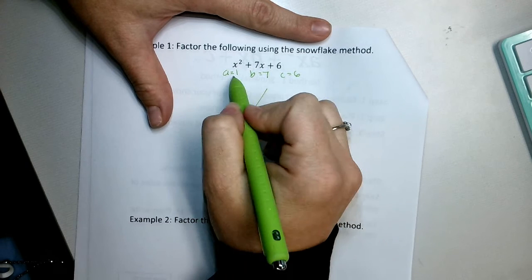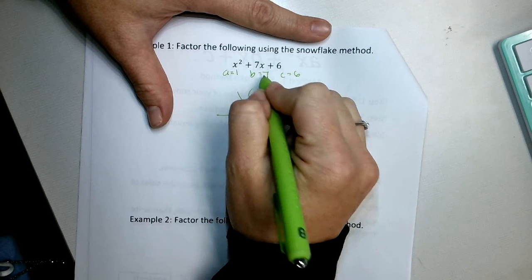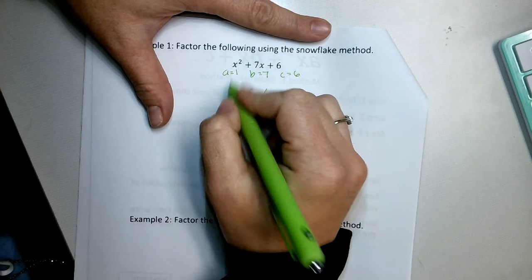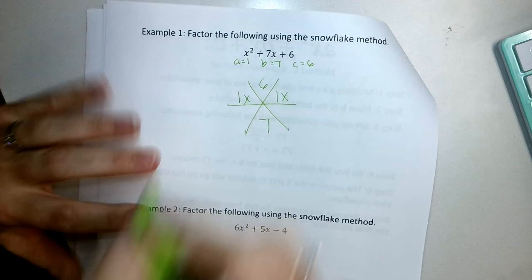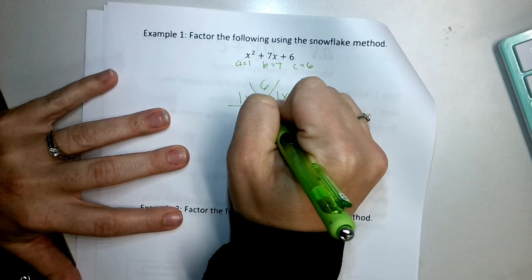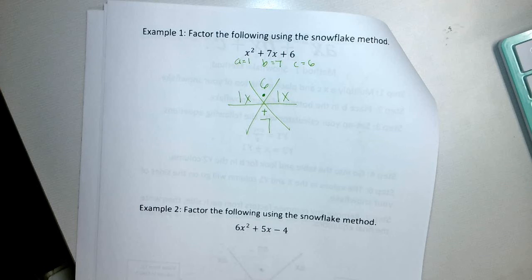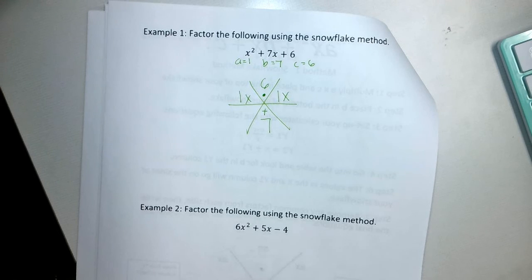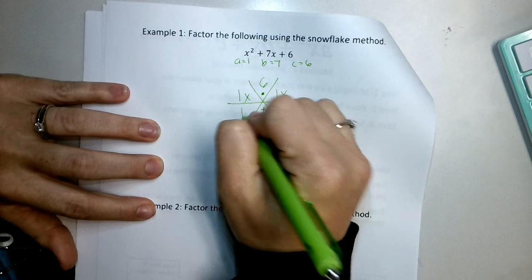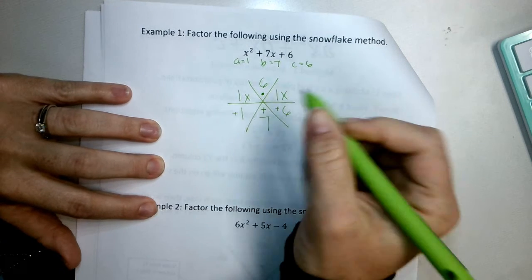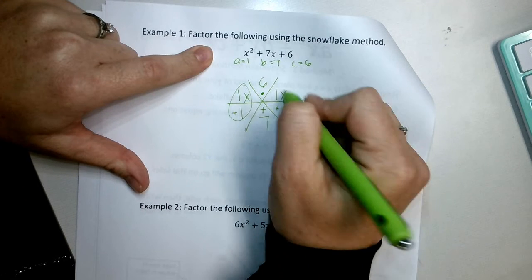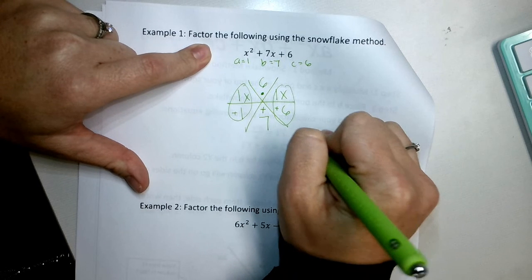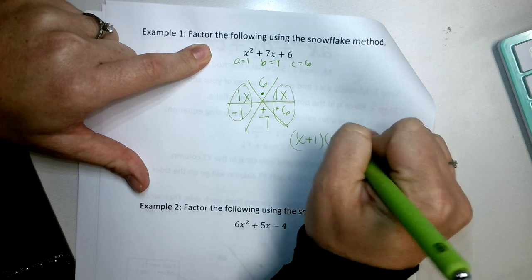A times c is 6, b is 7, a is 1, so 1x, 1x. What multiplies to give me 6 but adds to give me 7? 1 and what? Yeah, 1 and 6. Positive 1, positive 6. 1 over 1 doesn't simplify, and 1 over 6 doesn't simplify. So your factors are x plus 1, x plus 6.